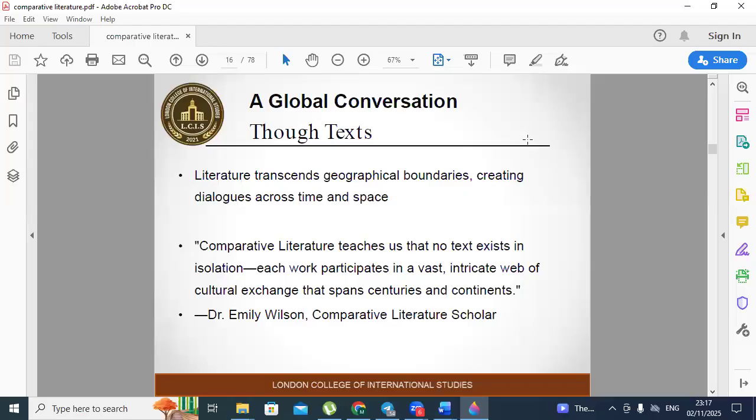No text exists in isolation. Every work is part of a vast, intricate web of cultural exchange. This web spans centuries and continents, and as a student of comparative literature, you are learning to navigate and appreciate this magnificent interconnected network.